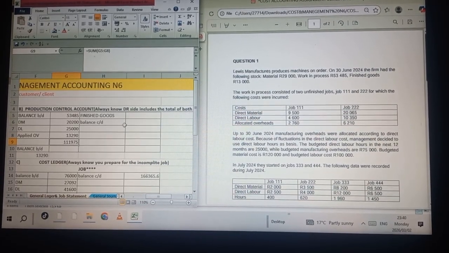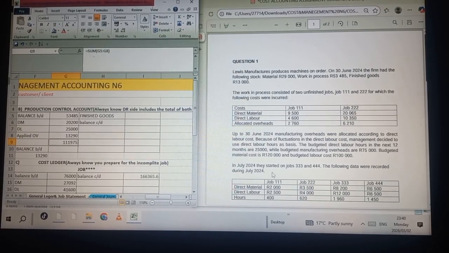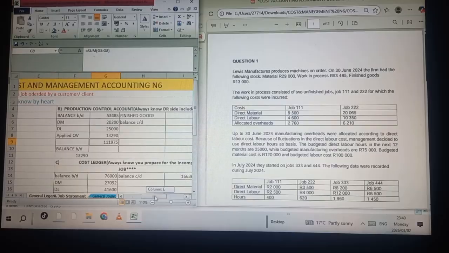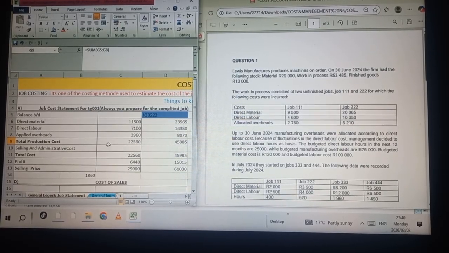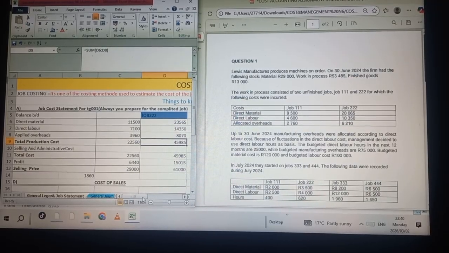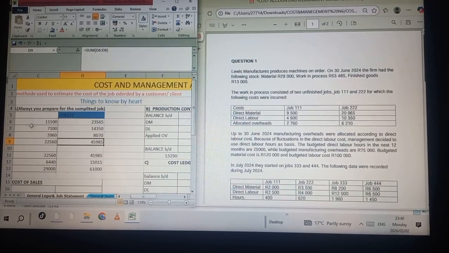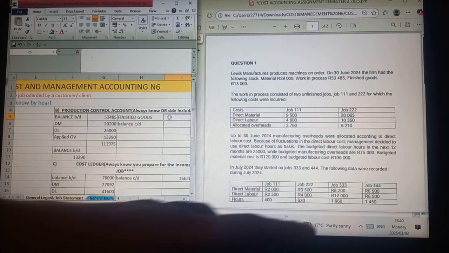And now remember, we have two jobs that were complete. Now it's easy. You don't need to recalculate. You just come here, you take your total production cost, 22,560 plus 45,985. You add them together, guys. You already did that. So it's easy.